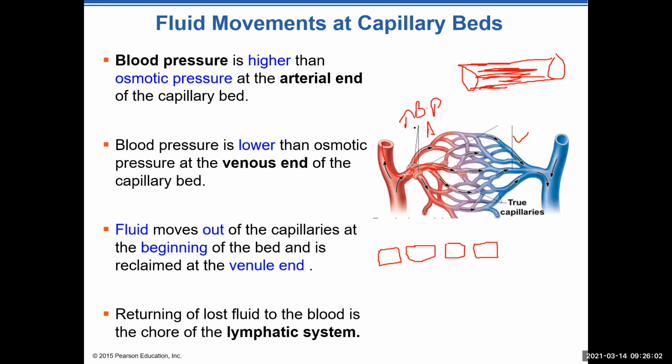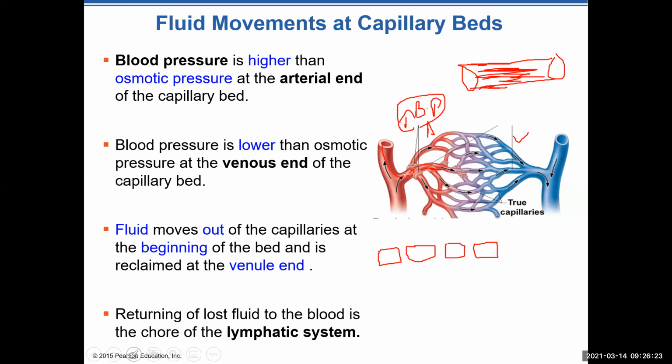Okay. So we were just talking about how there will be high blood pressure, or high hydrostatic pressure, here because the blood is exerting more force on the walls of the capillaries, right? As a result of this high blood pressure, it generates a huge amount of force.